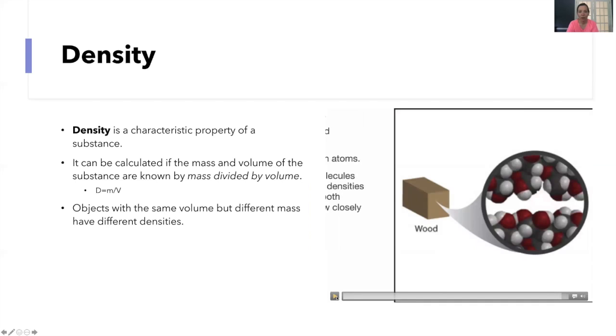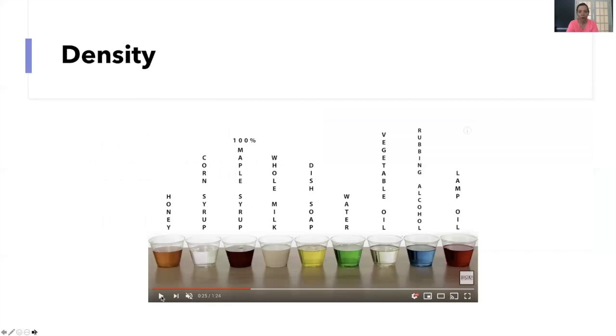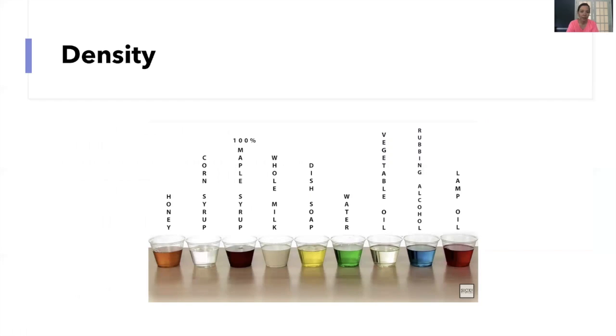And then if you look at wood, you can see there's space between the molecules of the wood, and it is also going to have less density. Remember, things that have density less than water will float in water, and things that have a density higher than 1, water density is 1, will sink.